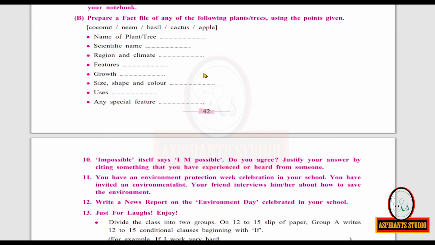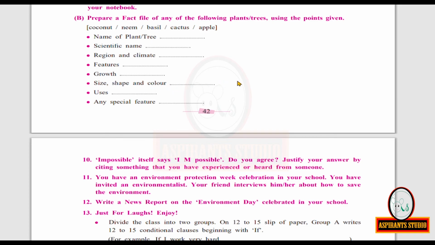The top of the trunk is crowned with plenty of leaves. You can write coconut trees can grow from 15 to 30 meters in height in plantations and so on. Size, shape and color.